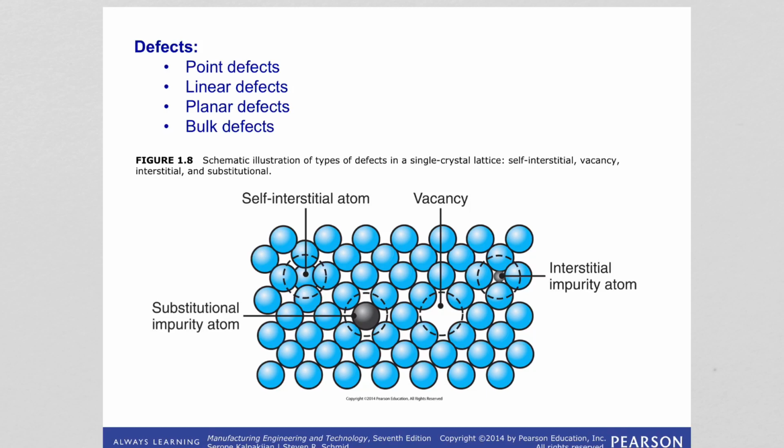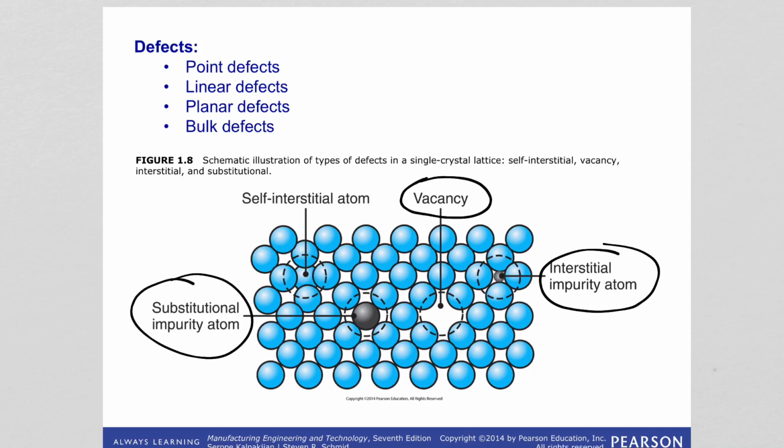In the figure, we are seeing a vacancy, so basically a missing atom, or an interstitial atom, like the carbon inside the iron crystal structure, or a foreign atom that is replacing the atom of the pure metal, like the substitutional impurity. Or the atom itself is getting into an interstitial site. It is the self-interstitial atom.